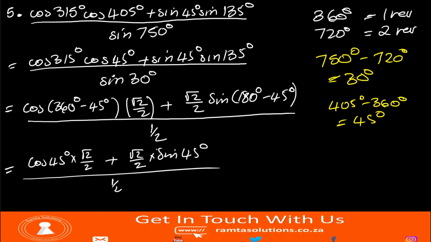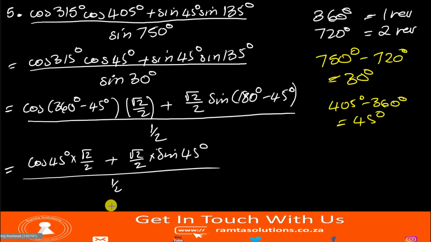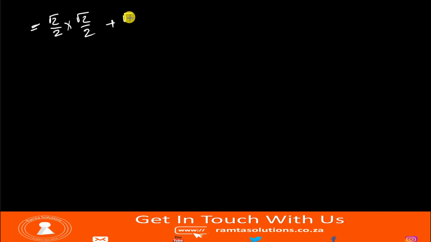So this is root 2 over 2 multiplied by root 2 over 2 plus root 2 over 2 multiplied by root 2 over 2 all over half.